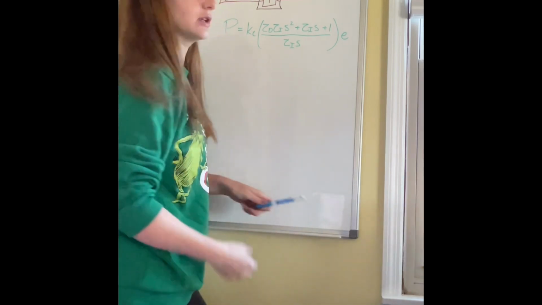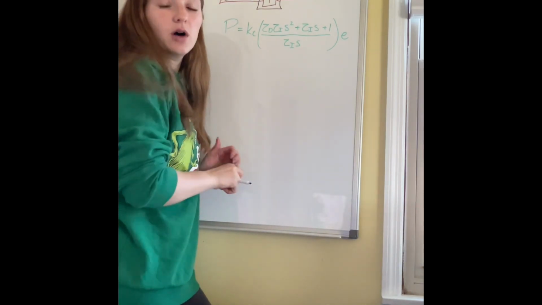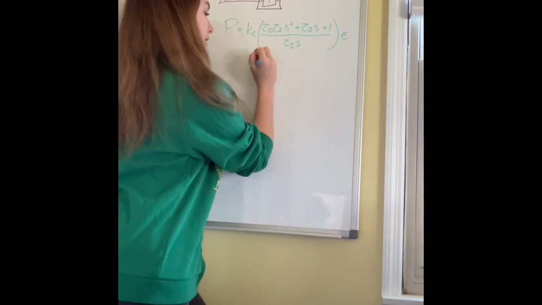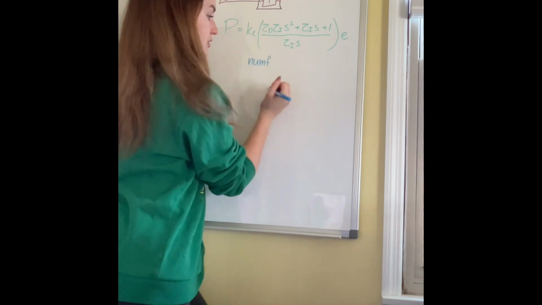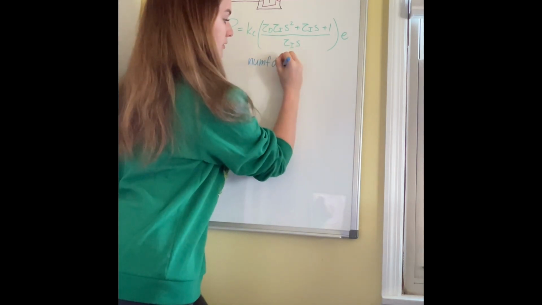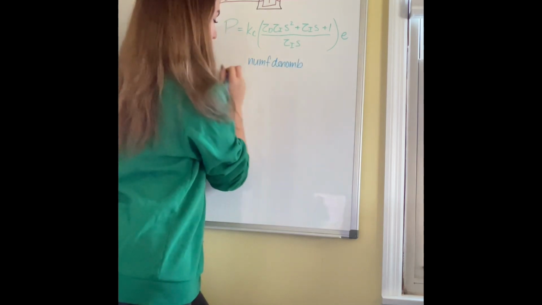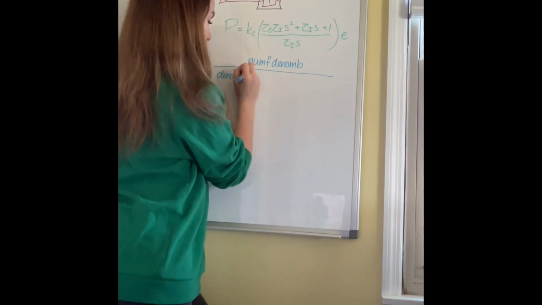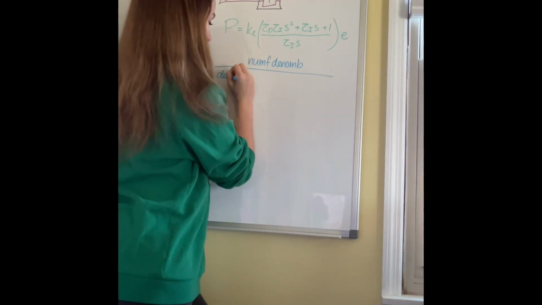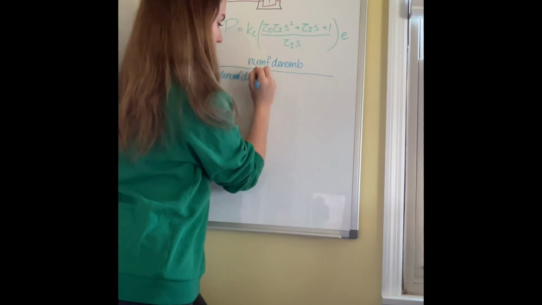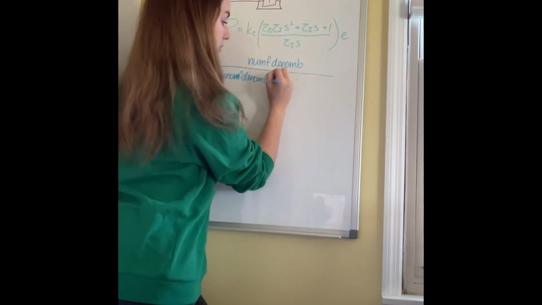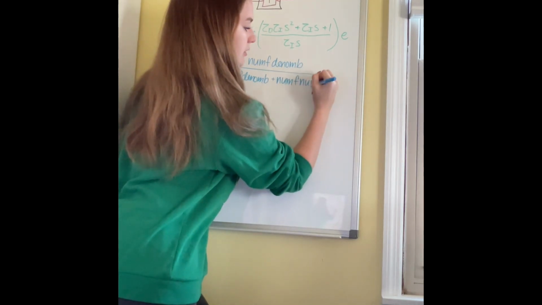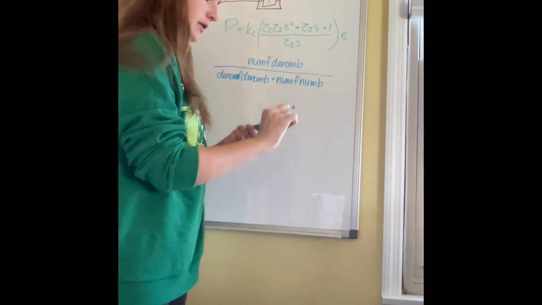We also found the numerator and the denominator of our transfer function for the entire system to be our numerator in the forward direction times our denominator in the backward direction, divided by our denominator in the forward direction times our denominator in the backward direction plus our numerator in the forward direction times our numerator in the backward direction.